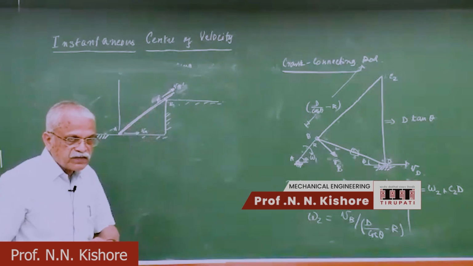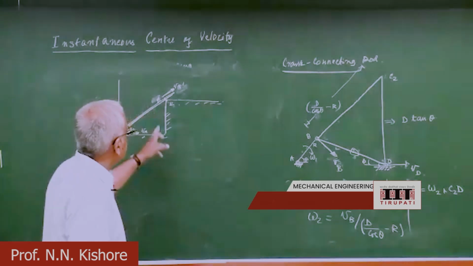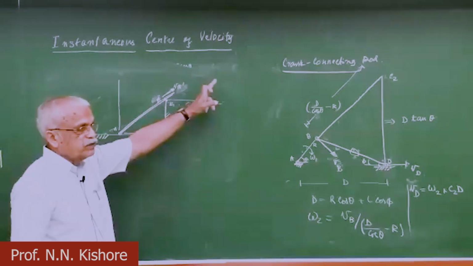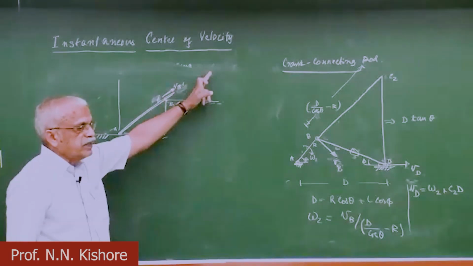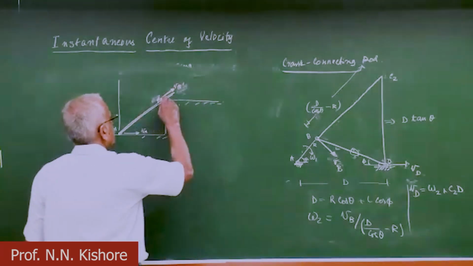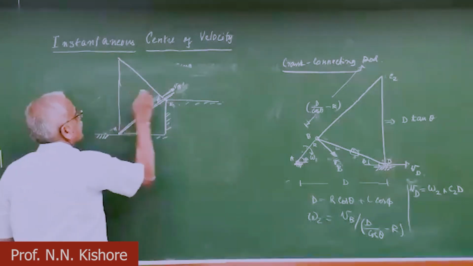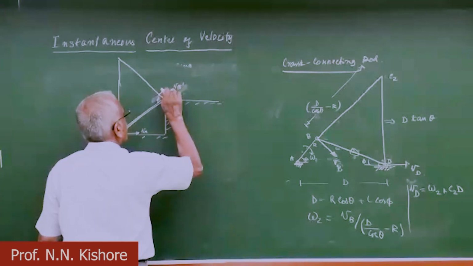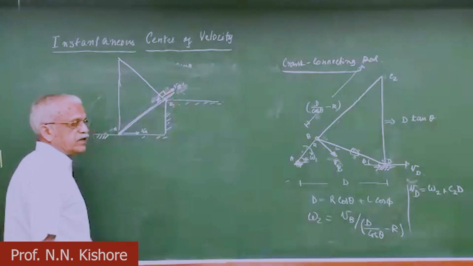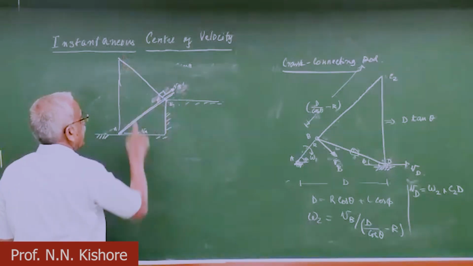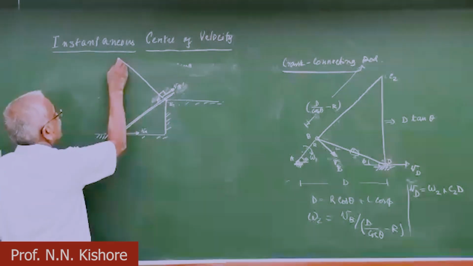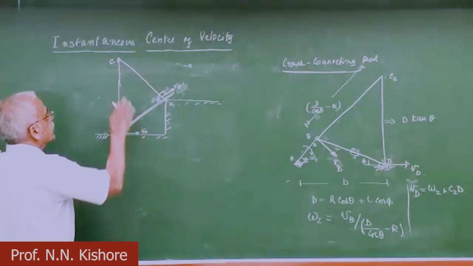The reverse is also true: if B is fixed, B prime can move only in this direction. So we draw a perpendicular line to VB prime, and this is where the instantaneous center C is.